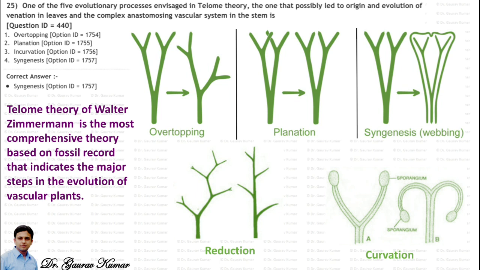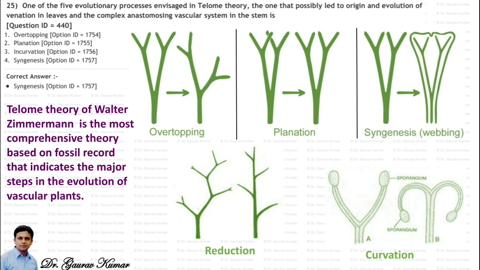These are the evolutionary processes. The first one is overtopping. So what is overtopping? You can see in the diagram. In this process, one of the 2 dichotomizing branches of the primitive axis produced by the apical meristem outgrows or overgrows the other. Okay? So you can see that this branch is more in length compared to the other one.